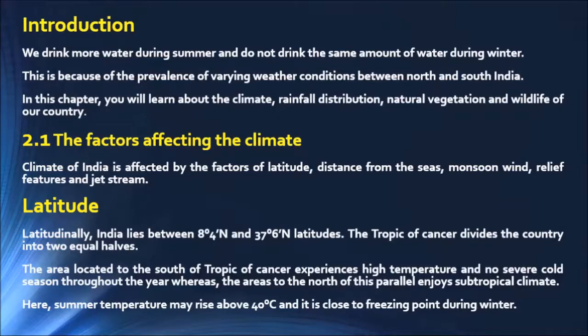So, when the country is divided into two halves, children, the south side of the Tropic of Cancer has very high temperature, very hot, and does not have winter seasons throughout the year, whereas the areas on the north side enjoy changeable climatic conditions. Here the summer temperature rises above 40 degrees centigrade and it is close to the freezing point during winter.